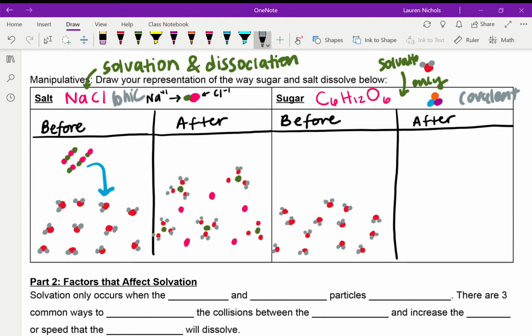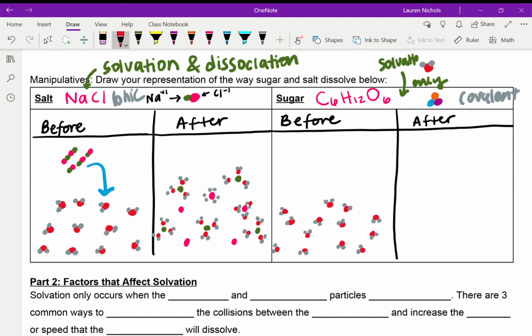And so it's a little tedious to draw all of these circles, but it does help in terms of our look. But the chlorine ions are going to be different. When water surrounds those, your hydrogen atoms are going to be what is closest to it. So if I put my oxygens, you'll see that the hydrogens are going to be actually closest to it because those hydrogens are my positive charges.